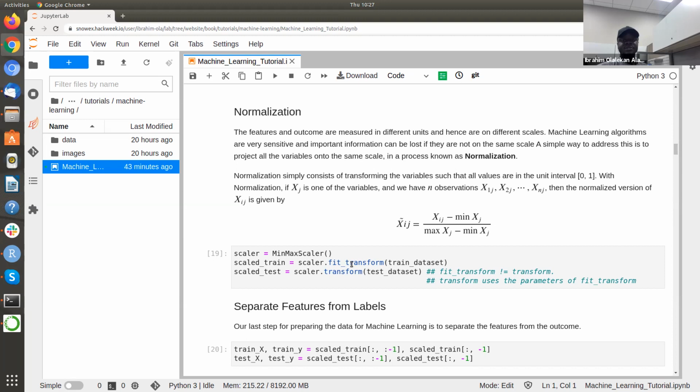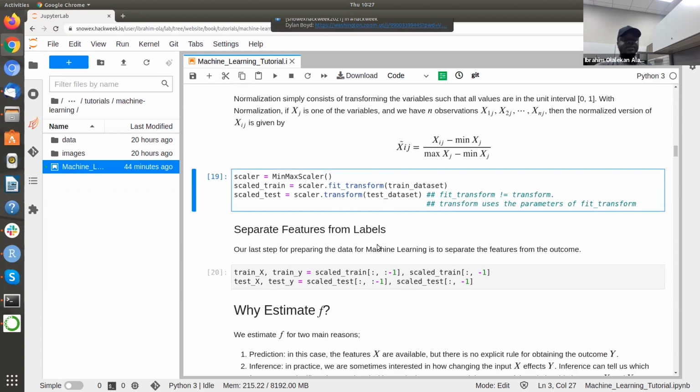So fit_transform gets the minimum and the maximum for all the variables and then transforms our training set, but transform itself uses the parameters we've gotten from the fit_transform to transform the test set. Which means I don't have to get the minimum and maximum values of each variable in the test set. I just use the minimum and maximum values of the variables that I've learned from my training set.